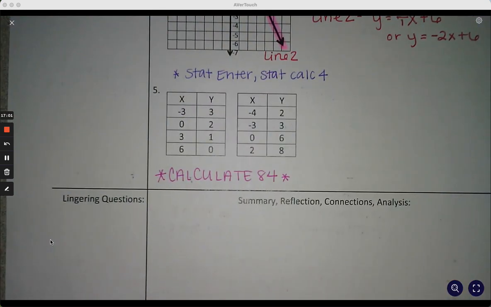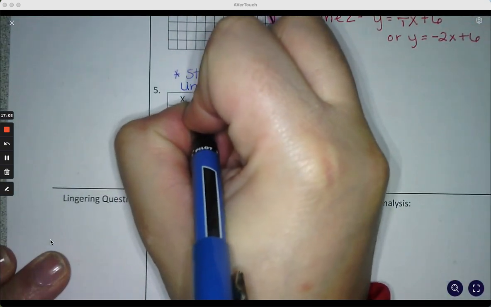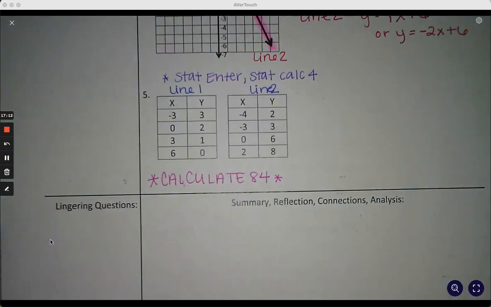Okay, so we're going to have to do this for each line. So this is going to be line 1, and this will be line 2. I can spell. Line has an E at the end.